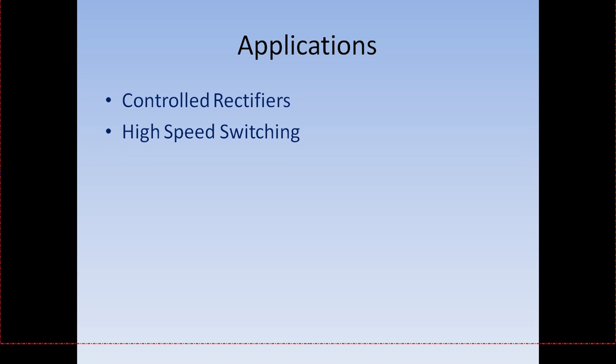They are switches, so wherever you want a switch, you can use a thyristor. A thyristor is a very robust power electronic device. It is a low frequency, high power device, and it is primarily used for controlled rectification.